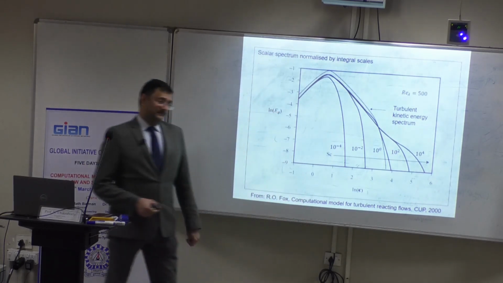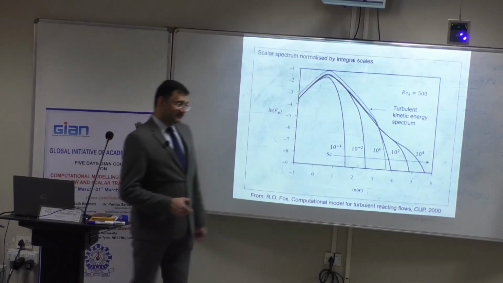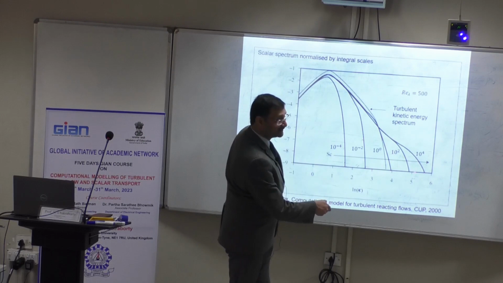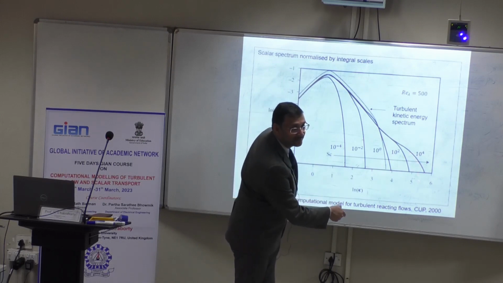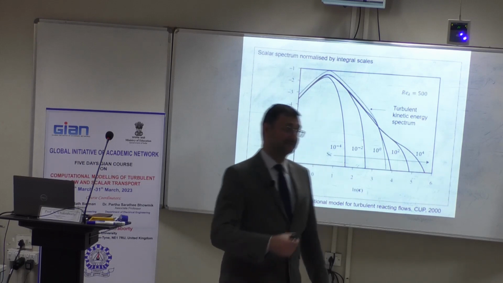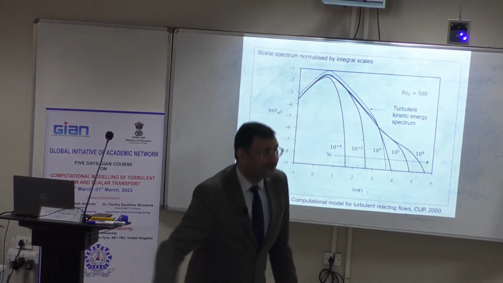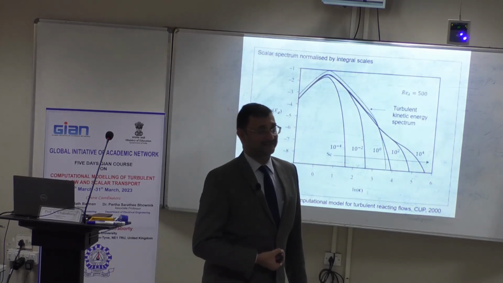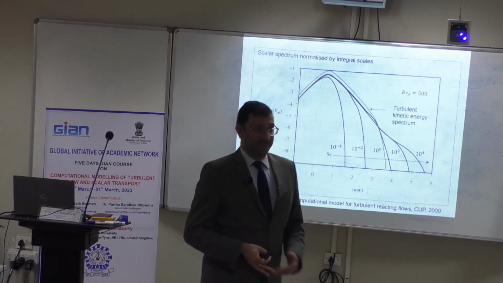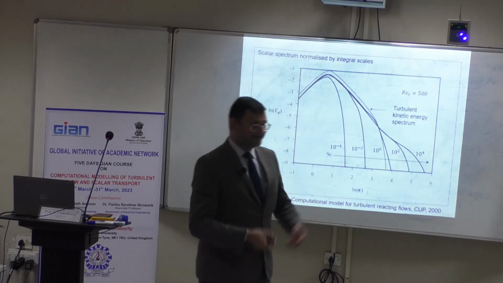For DNS of high molecular weight liquids, I have to resolve up to this wave number. That means I have to resolve the length scales which are much smaller than the Kolmogorov length scale. And that really presents a huge burden.